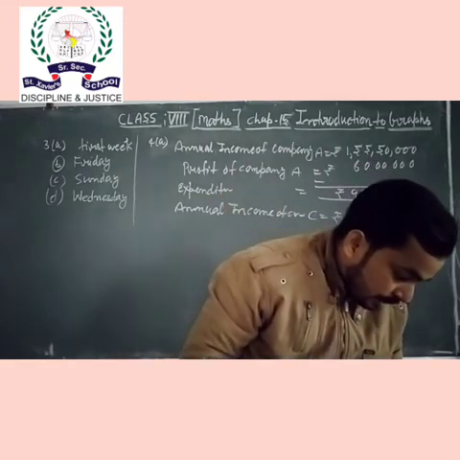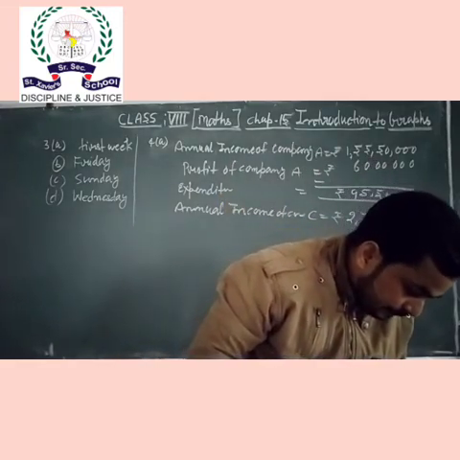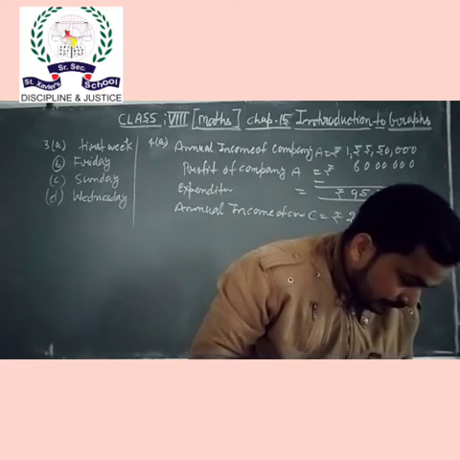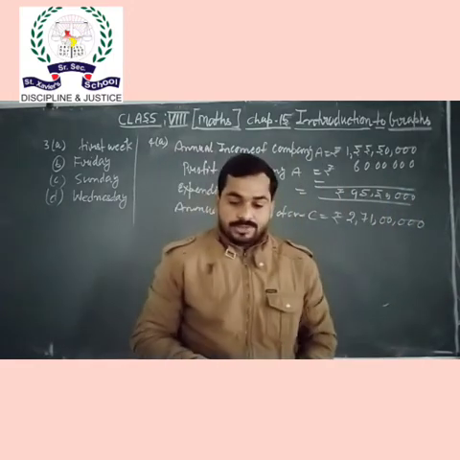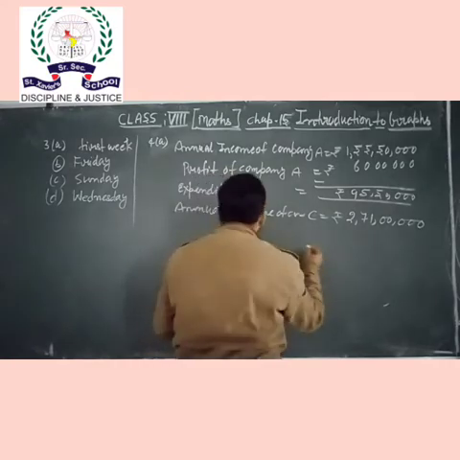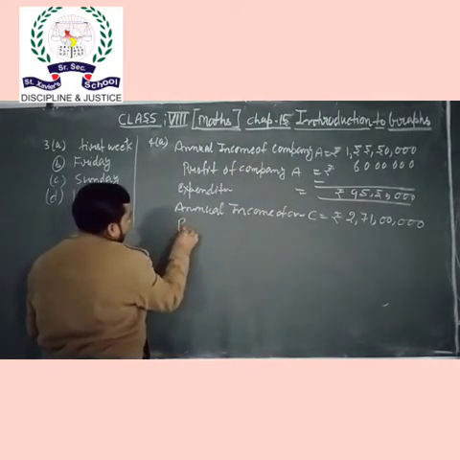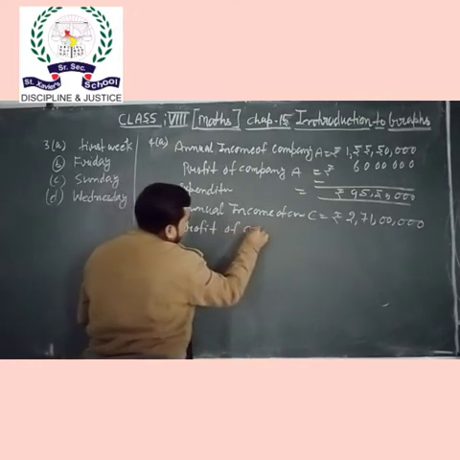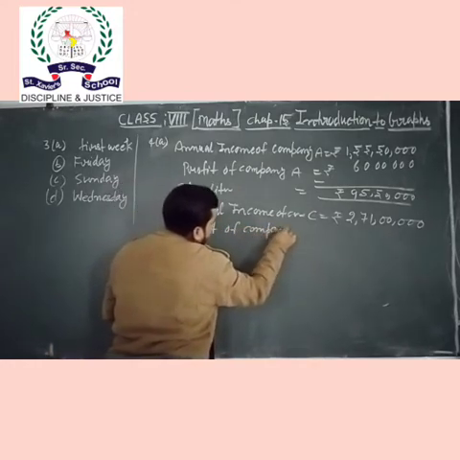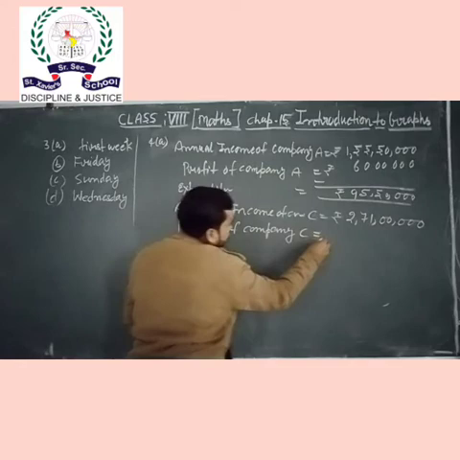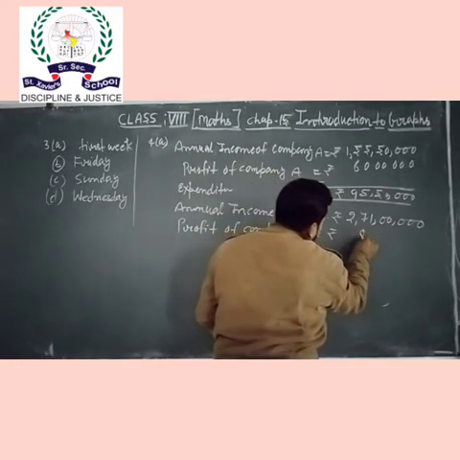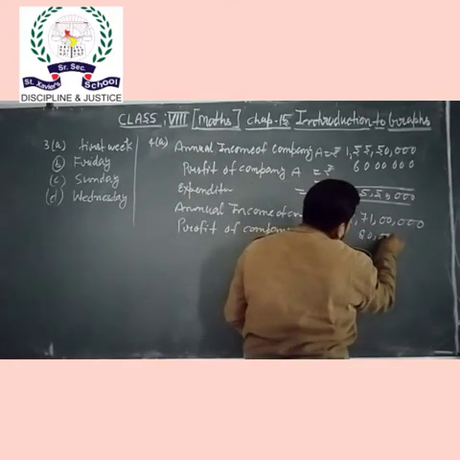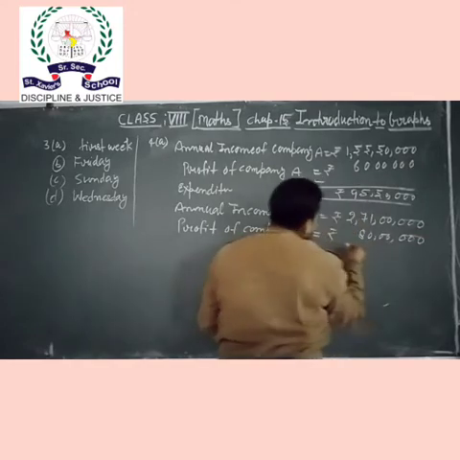In the year 2016, the profit of company C is 80 lakh. So write here profit of company C is equal to 80 lakh. Then subtract.